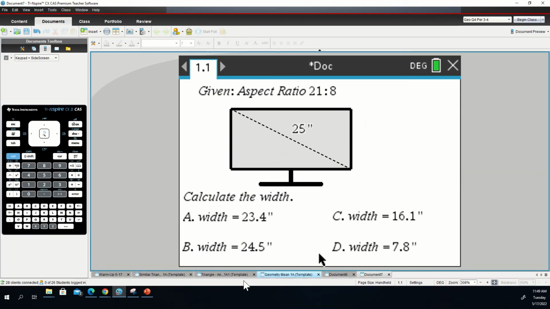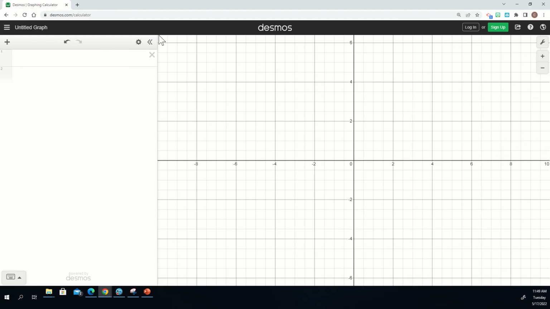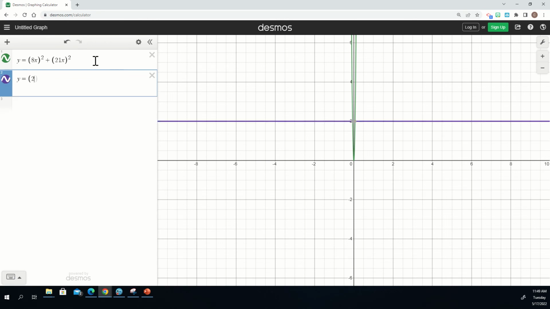So I'm going to go here into Desmos, and again, I'm just saying y equals the left side, which is 8x squared, plus 21x squared, and enter, and then I'm going to say y is equal to 25 squared.